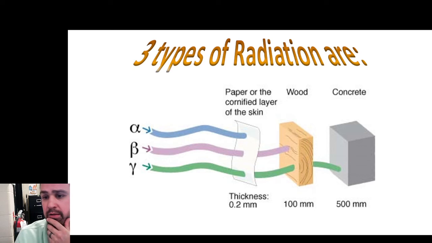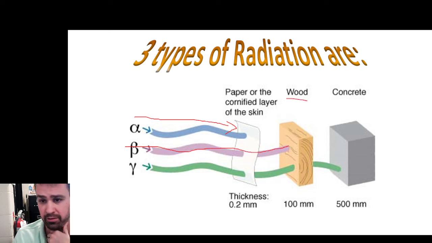When I look at my radiations, this is showing how dangerous or how penetrating they are. Alpha, like I said before, cannot even make it through a piece of paper. Beta can make it through the paper, but it gets stopped by a somewhat thick block of wood. Gamma goes through all of that and can sometimes penetrate concrete.